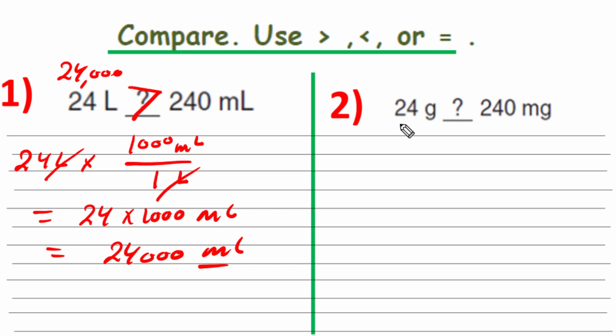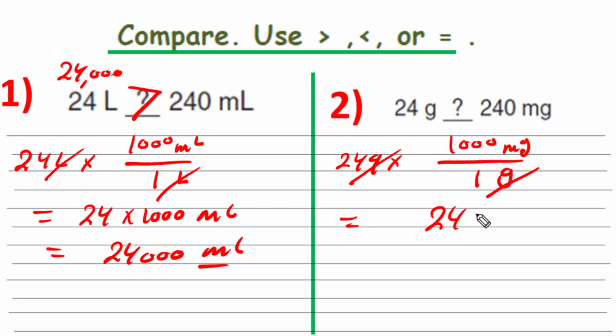Next, 24 gram and 240 milligram. We studied before, guys, 24 gram, multiply gram down and milligram up. 1 gram equals what milligram? Equals 1000 milligram. Now cancel gram. We get 24 times 1000.